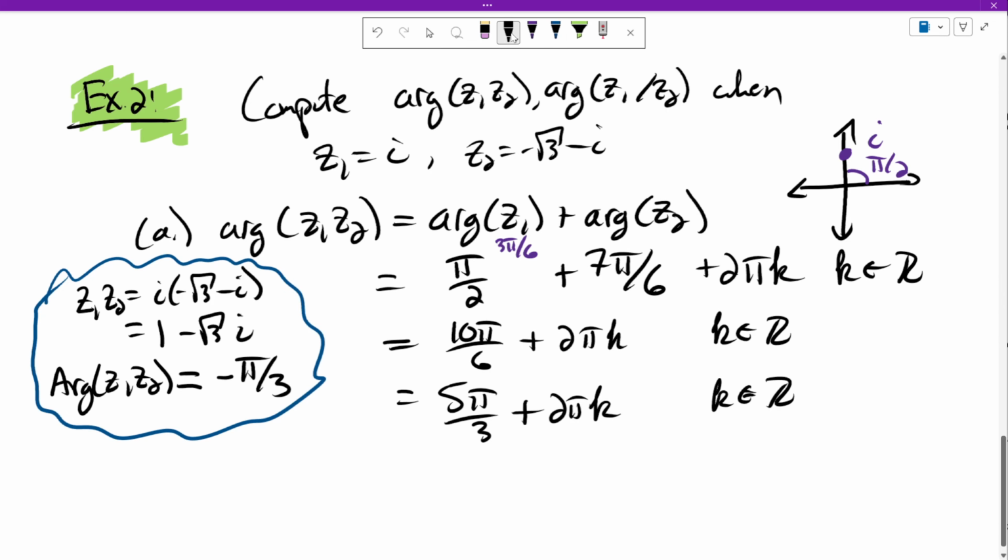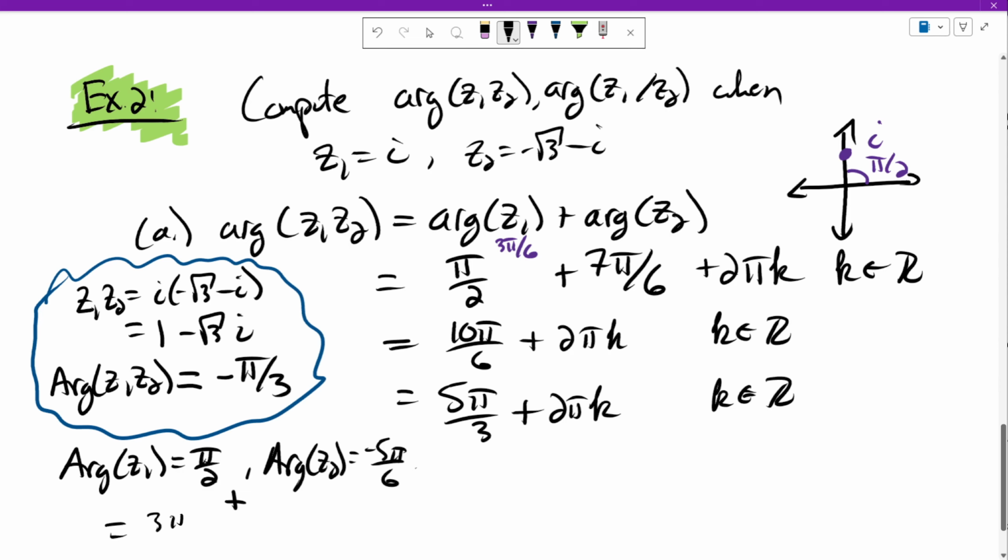If we look at the principal argument of z1, that happens to be pi halves, because that's in the right range. And the principal argument of z2 is negative 5 pi 6 from the previous video. If we add these together, we get 3 pi 6 minus 5 pi 6, which is negative 2 pi 6, which is negative pi thirds. Aha! They match. This is an accident.